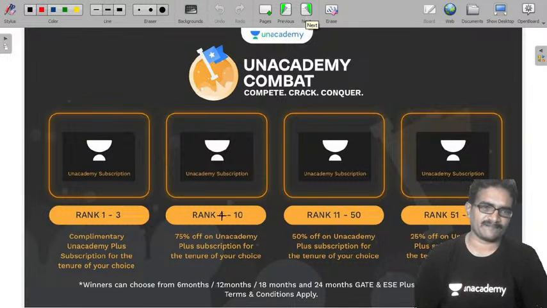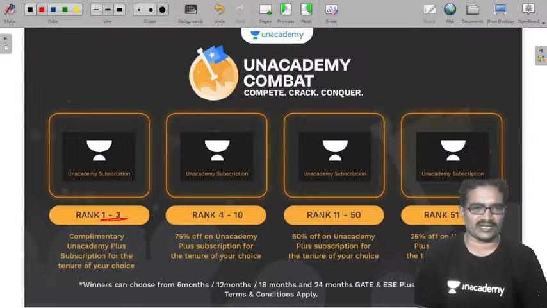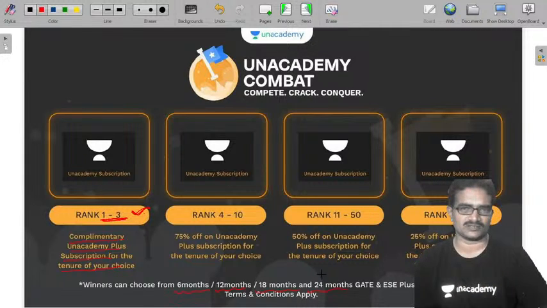If you get a rank of 1 to 3, first rank to third rank, you get a complimentary Unacademy Plus subscription for the tenure of your choice. That means 6 months, 1 year, 1.5 years, or 2 years, whatever you want.